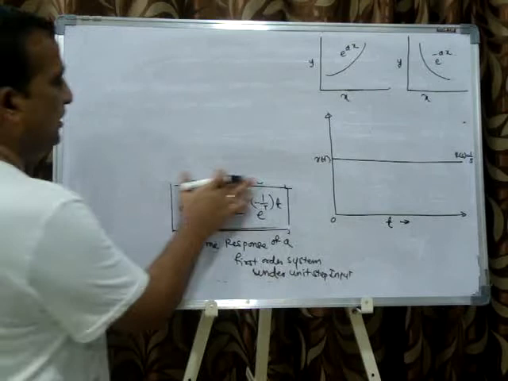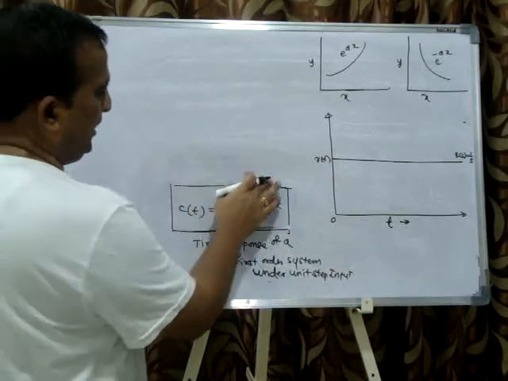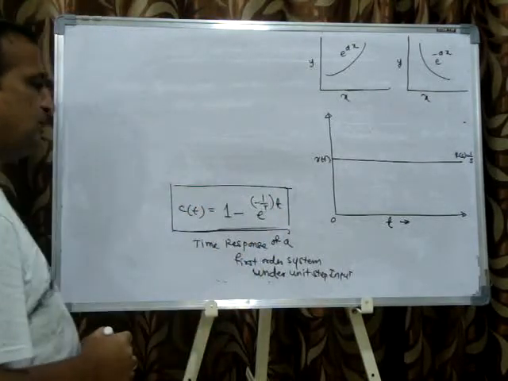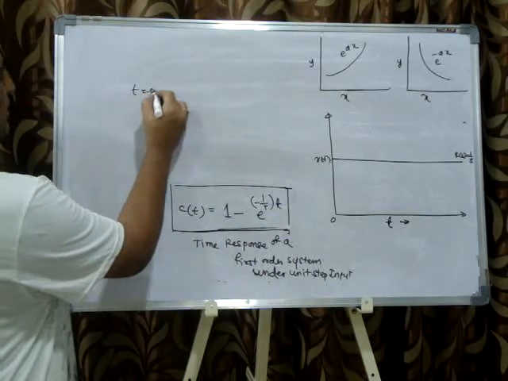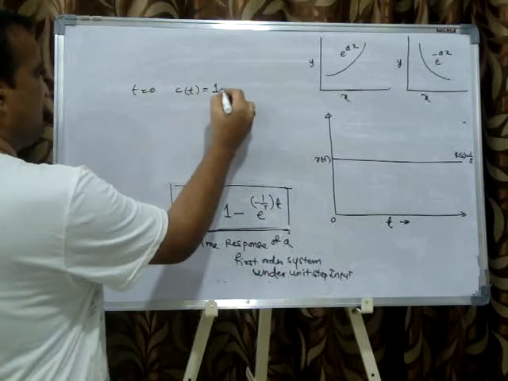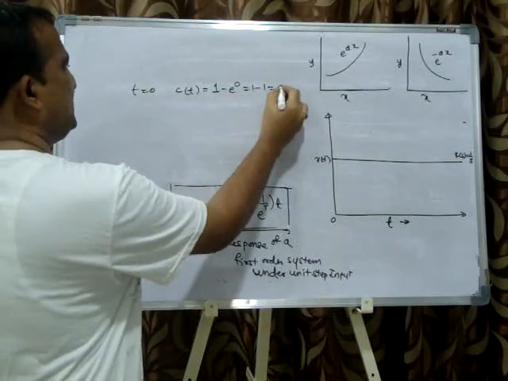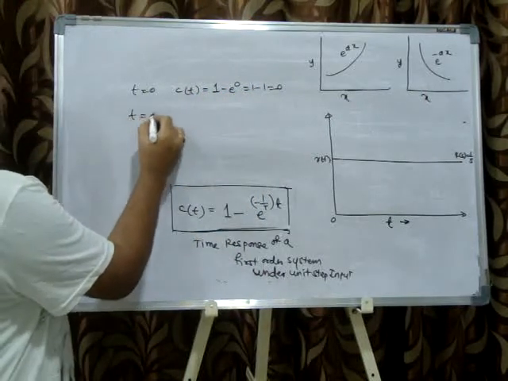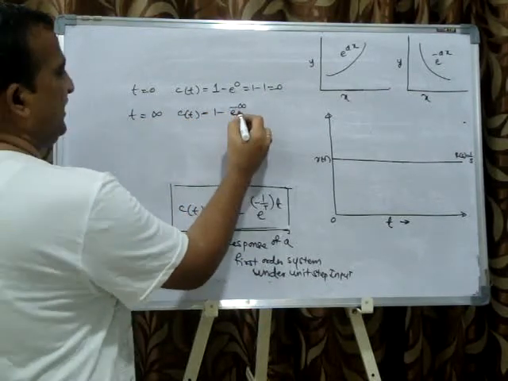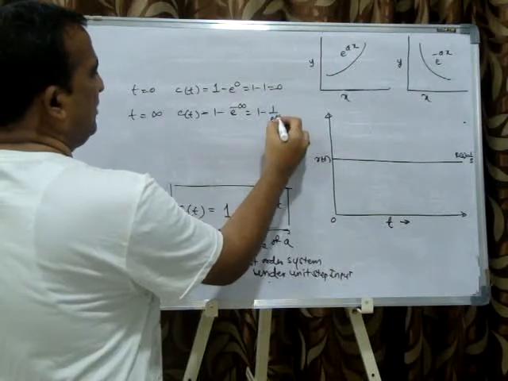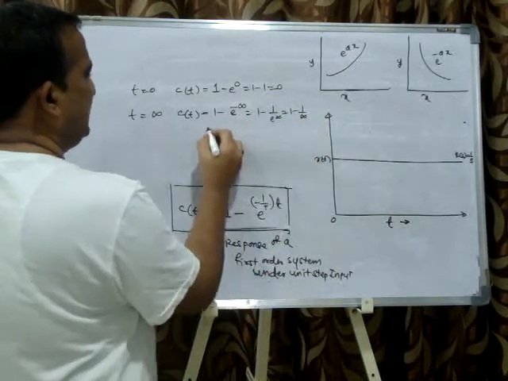How to do it? You substitute to check whether the output C of t curve is passing through the origin or not. Put t equal to 0, then C of t equals 1 minus e raised to 0, that is 1 minus 1, that is 0. It is passing through the origin. Put t equal to infinity, then C of t equals 1 minus e raised to minus infinity, that is 1 minus 1 by infinity, that is 1.